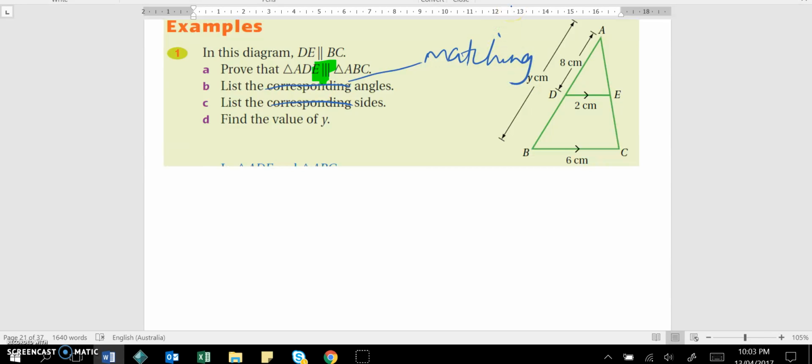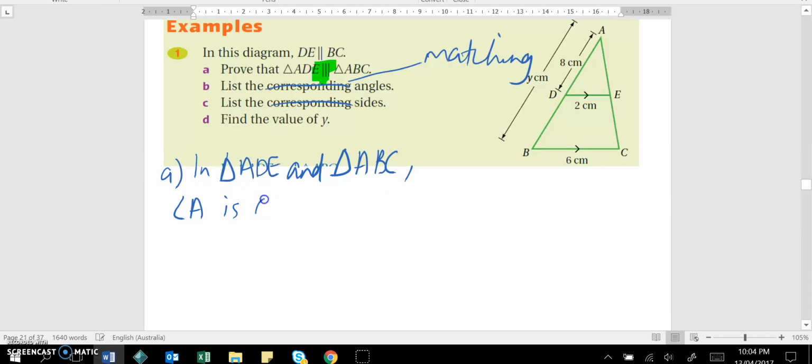So to prove they're similar, we're going to start off the same way as a congruence proof. So we're going to go in triangle ADE and triangle ABC. I'm going to write angle A is common because it's this shared angle at the top here.